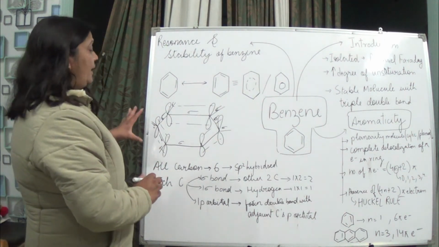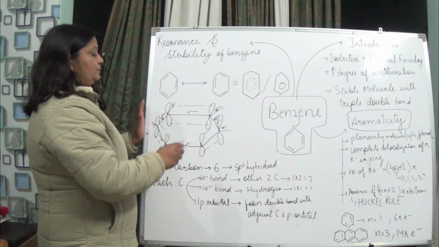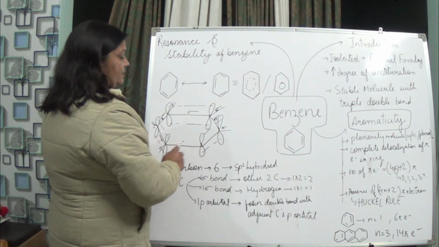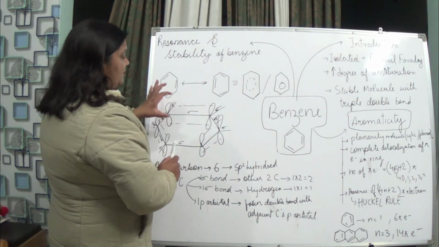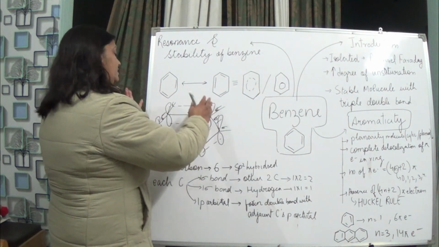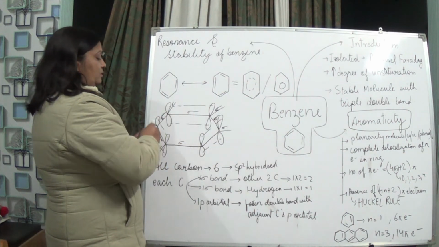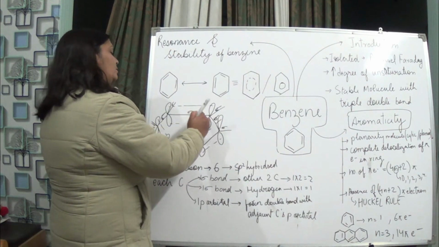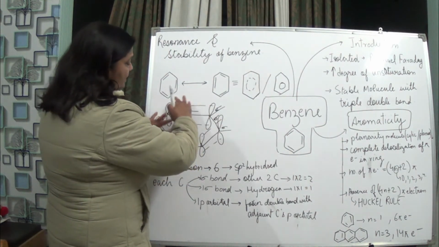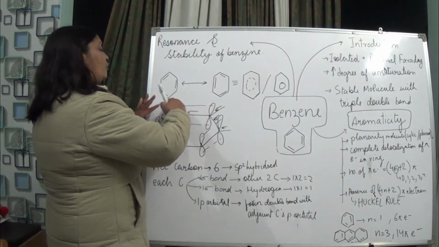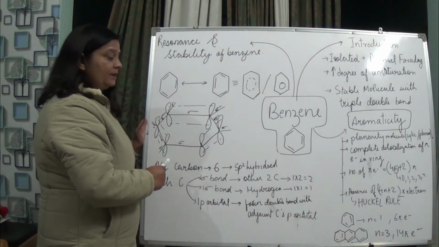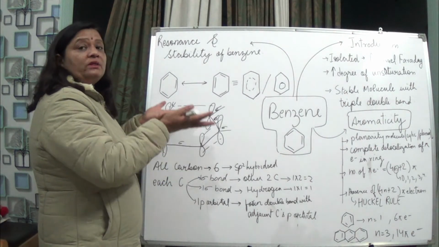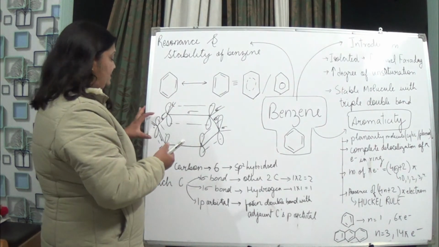Now these pi electrons, or pi orbitals, form bonds over this whole area, where the electrons are totally delocalized. They can form in this manner or they can also move, and thereby this whole forms an electron cloud that embraces all the 6 carbon atoms of this benzene ring.